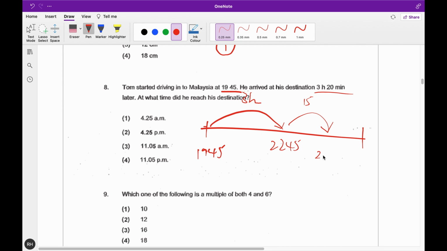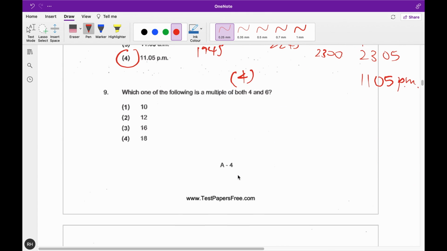So I'll make it into 2300 and then plus another 5 minutes, so it will be 2305. 2305 is the same as 11:05 p.m. Answer is option 4.